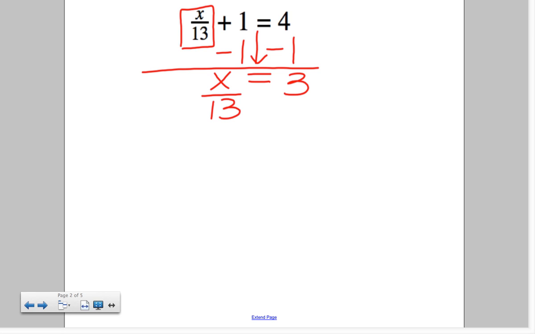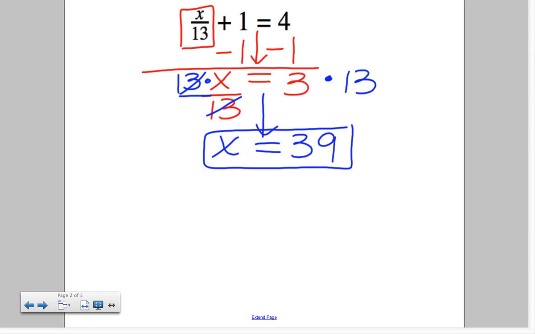So the inverse of dividing by 13 is we're going to multiply by 13. These 13s on top of each other, 13 divided by 13 is equal to 1x, and that's what we want. But if we multiply by 13 to keep it balanced, we're going to multiply by 13 over there as well. And we have x is equal to, and 3 times 13 is 39.